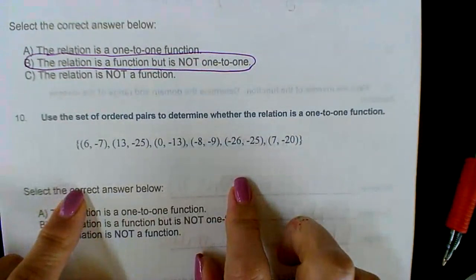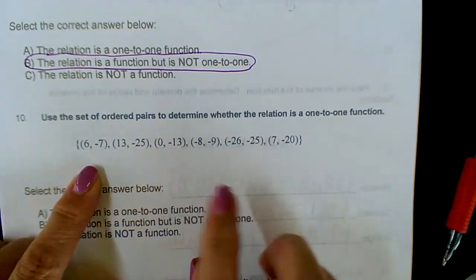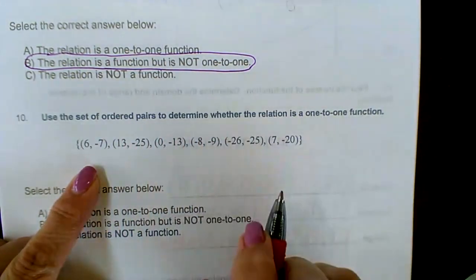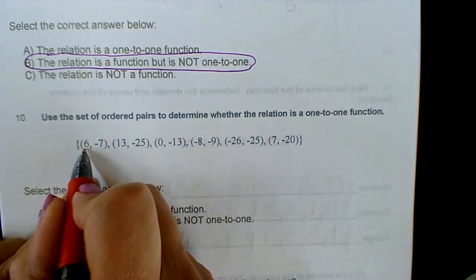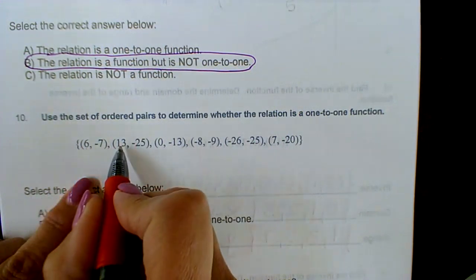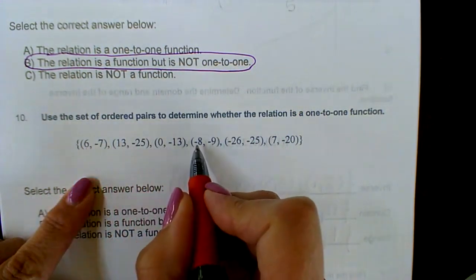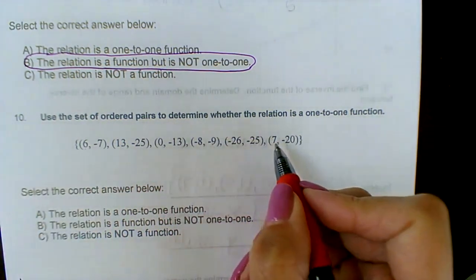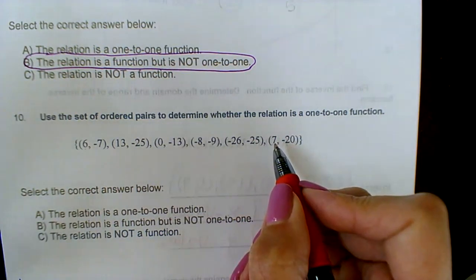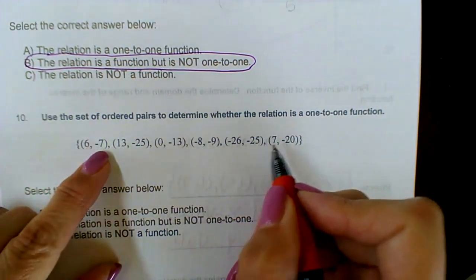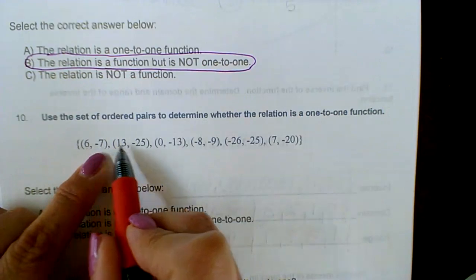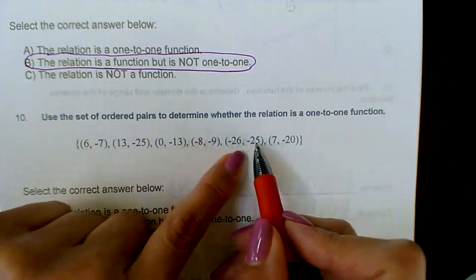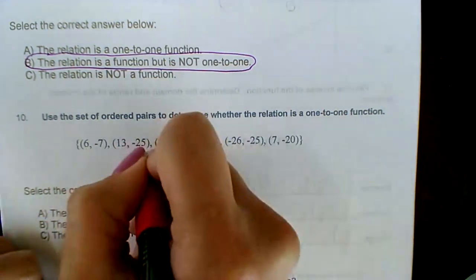Let's do 10. 10 says use the set of ordered pairs to determine if it's a one-to-one. Okay, so from 6, there is a 6, there is a 13, 0, -8, -26, and a 7. So far it's a function. Now, is it a one-to-one? -7, -25, -13, -9, -25 again.